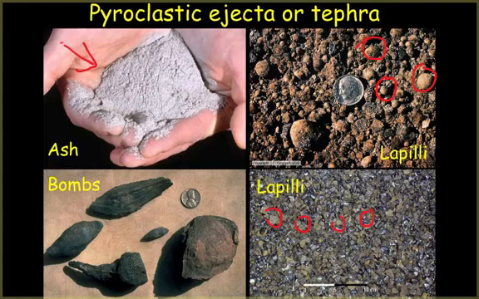Or these bombs. All of these are different kinds of bombs, and you see they're quite a bit larger than lapilli. These are formed from partially molten lava that's ejected into the air, and so it looks streamlined or formed, and crystallized and cooled as it was flowing through the air.